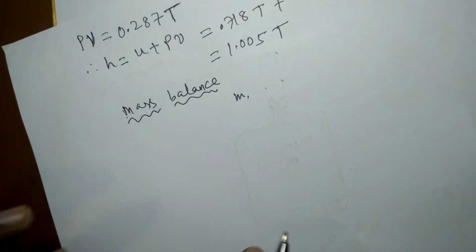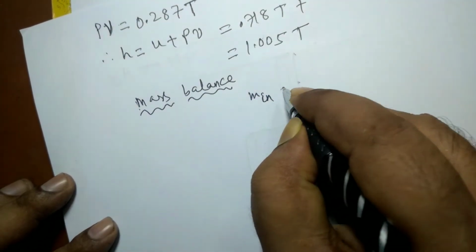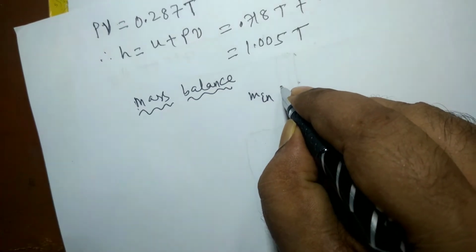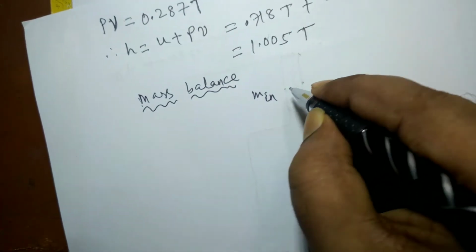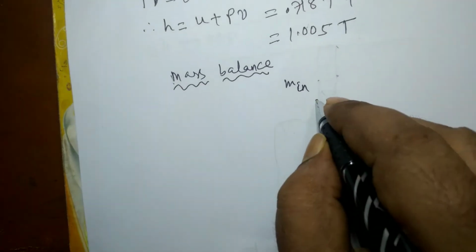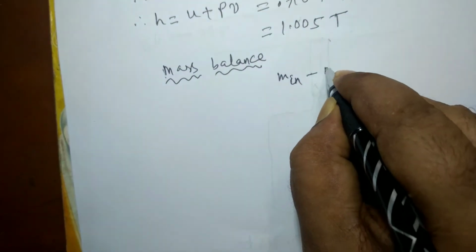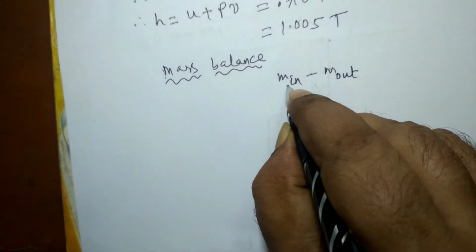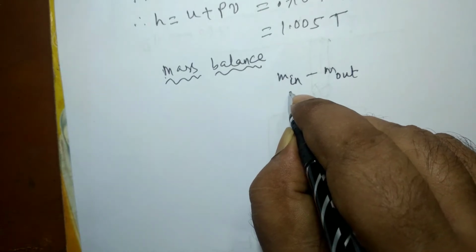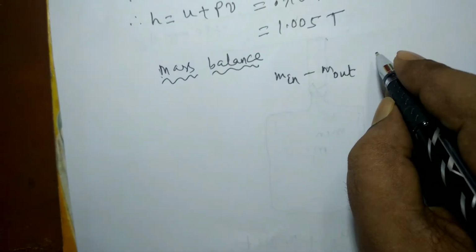We know that according to the principle of mass balance, and in fact it is better to analyze the unsteady flow process over a finite period of time rather than per unit of time, M in minus M out. Suppose M in is the total mass that has entered the control volume during that process.